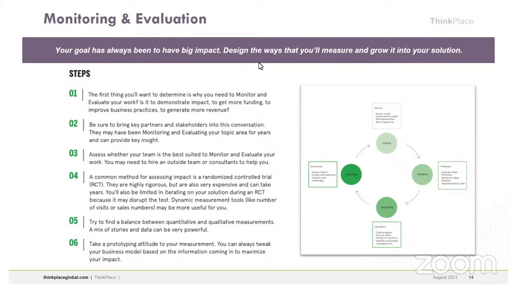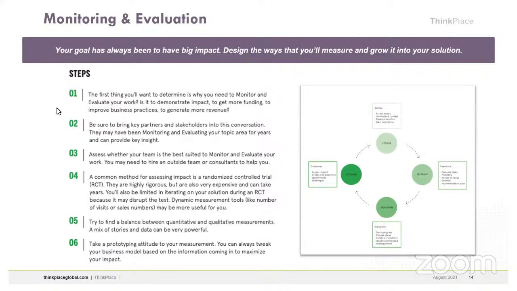Don't just say, oh, we were able to get 1,600 more people to gain from this process. Who can give you a story that will showcase the same? Take a prototyping aptitude to your measurement. You can always tweak your business model based on the information coming in to maximize your impact.